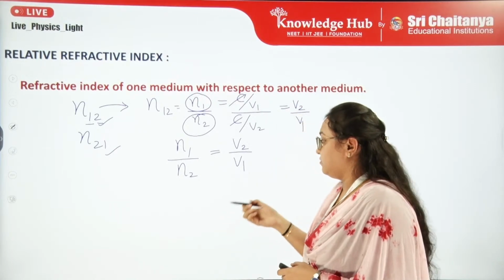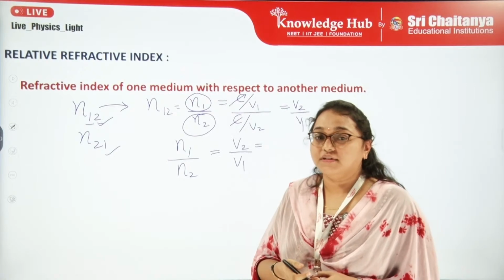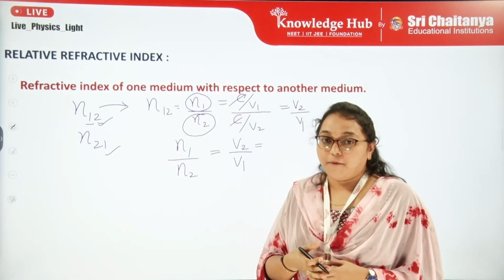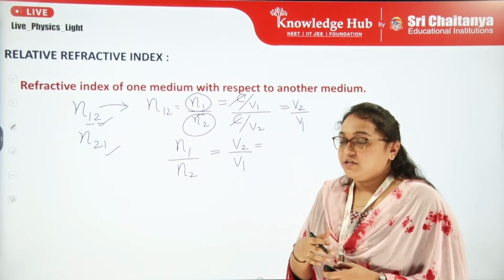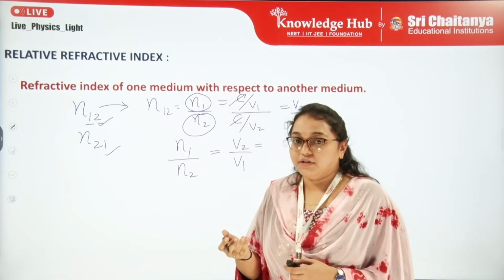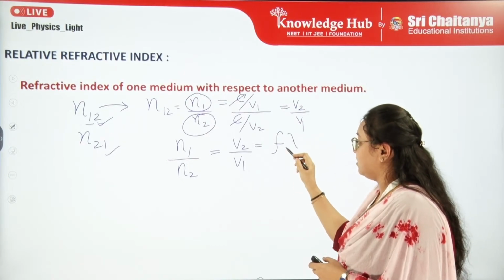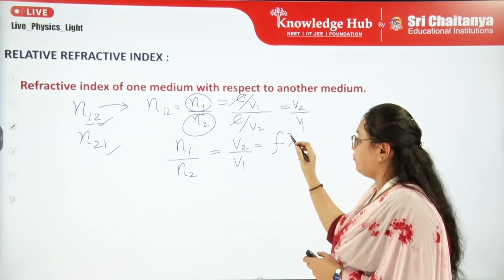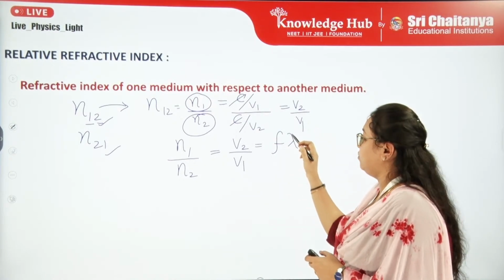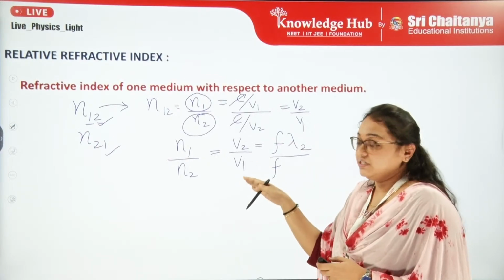V2 divided by V1. And light is an electromagnetic wave. We generally know this, while we are learning the properties of light. So generally the velocity of a wave is represented as frequency into wavelength of that particular color of light in that medium. So frequency into wavelength of light in medium 1 stands for the velocity of light in the first medium.